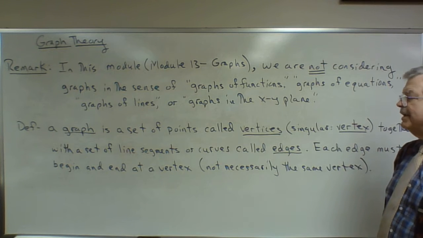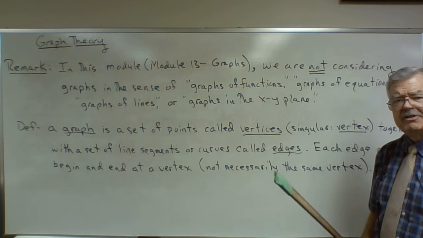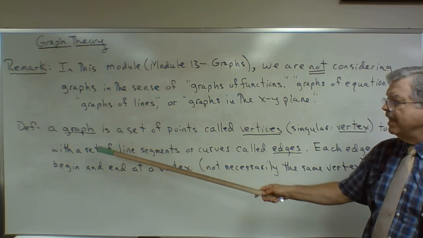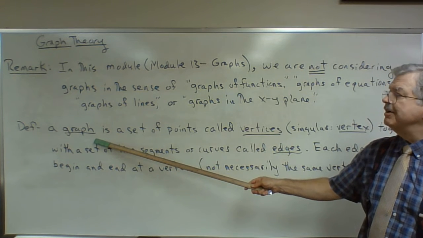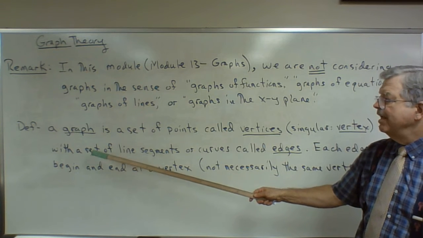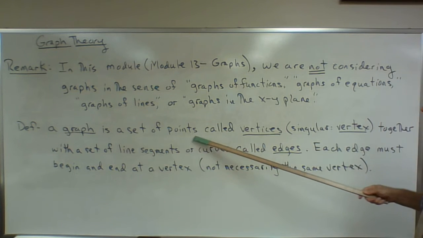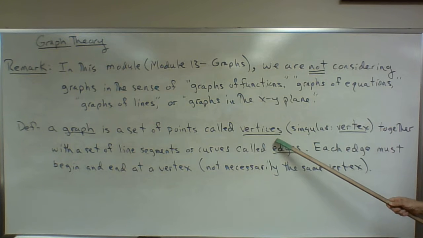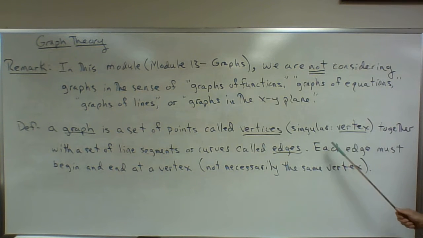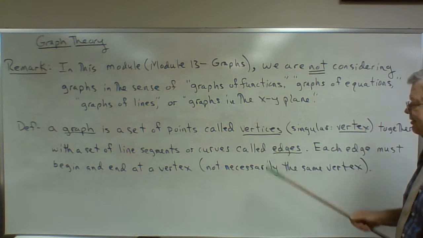What are we talking about? Well, let's start with a simple definition. In the context of Module 13, a graph is a set of points called vertices, and the singular is vertex. So if we have more than one vertex, we call them vertices.